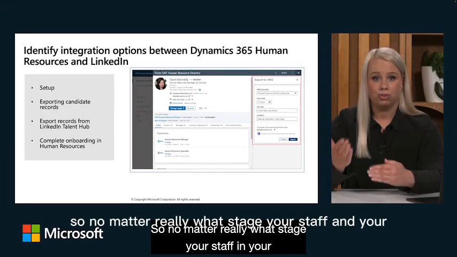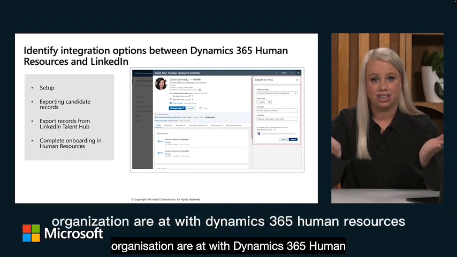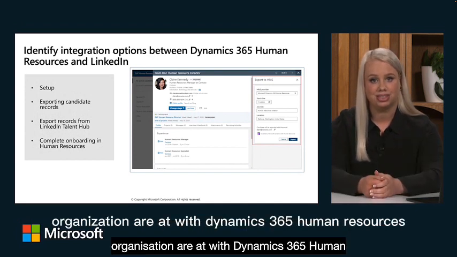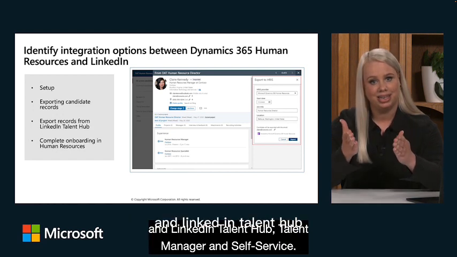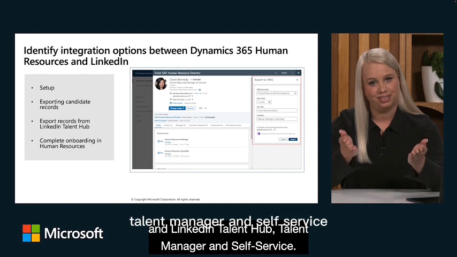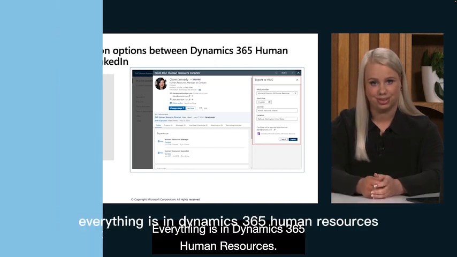So no matter really what stage your staff and your organization are at with Dynamics 365 Human Resources, there is a way to support them from hiring and LinkedIn Talent Hub, Talent Manager, and self-service. Everything is in Dynamics 365 Human Resources.